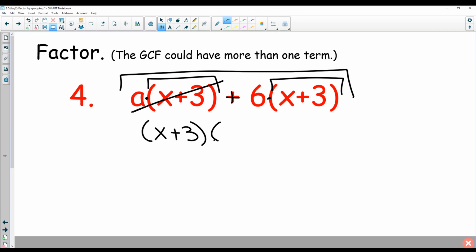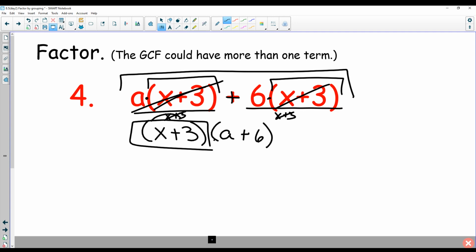So if I took that out, remember if I divided this by x plus 3, we would be left with a. And if I divide this by x plus 3, we're left with a 6. So whatever your greatest common factor is has to come out. You divide that out, okay? And you write that. Don't forget to put that up front.